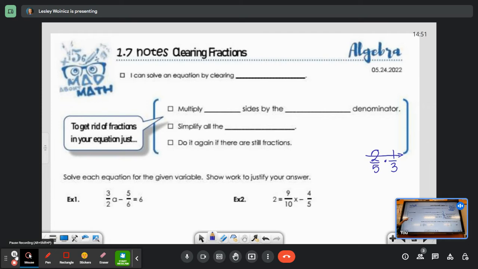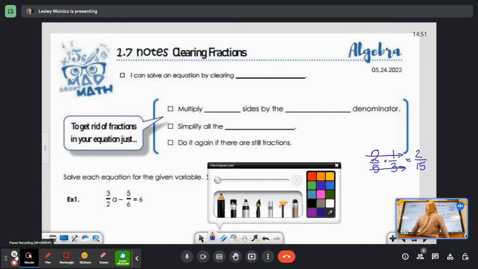So 2 times 1 is 2, and then multiply the denominators together. 5 times 3 is 15. Okay, and then if it's reducible, we have to reduce it, right? But is 2/15 reducible? No. 2 and 15 don't have any common factors other than 1, so we just leave it. Okay, so we just have to multiply straight across.